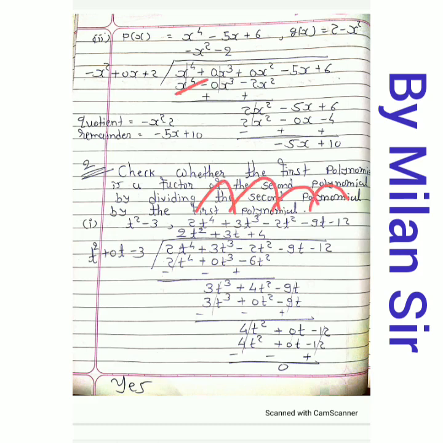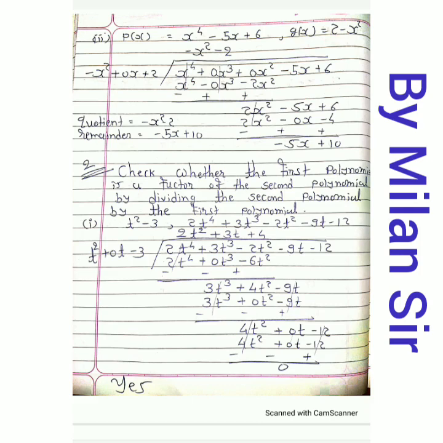Now the constant term, here 12, is the constant term, right? We can write t raised to 0, because t raised to 0 is equal to 1, and 12 ones are 12. So we can write minus 12 as minus 12 t raised to 0. So here our p of x is already in sequence of the exponent of the variable.